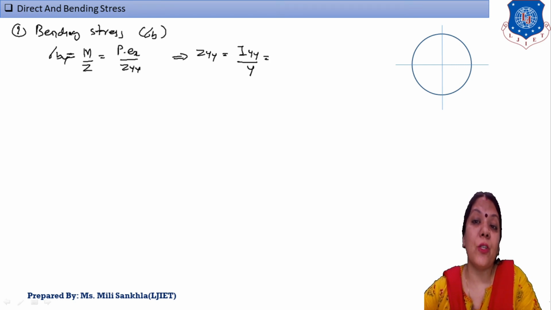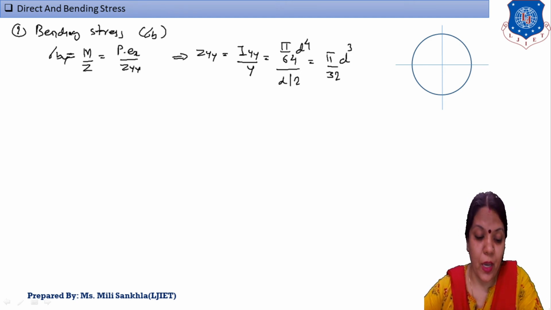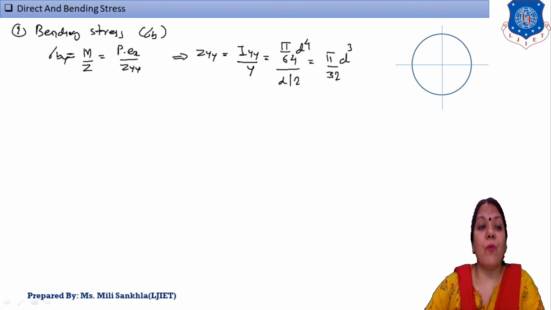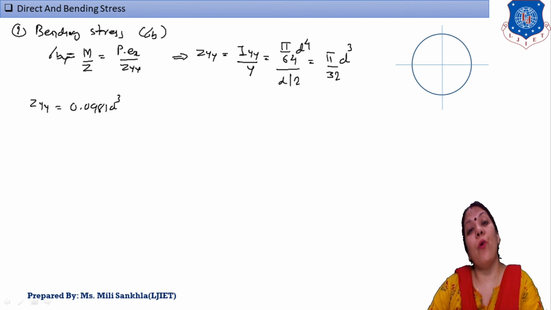What is the inertia of this circular section? That is pi by 64 d raised to 4 divided by d by 2, and after simplification, that is pi by 32 d cube. Now my section modulus is in the form of diameter. After dividing, my answer for this Zyy is 0.0981 d cube.